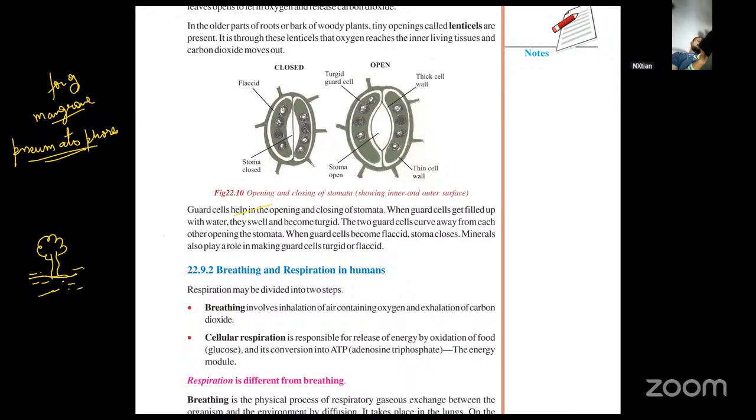So there is some special adaptation they do, that the roots of these plants will go against the gravity, because basically roots go inside with the gravity, but here the roots will go against the gravity and come up on the surface to respire. So it's going to be like this, the roots will go like this and come like this.